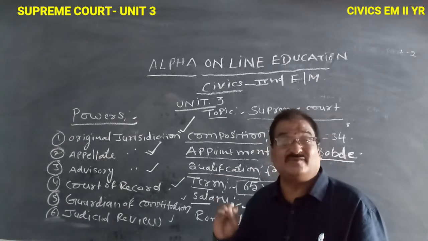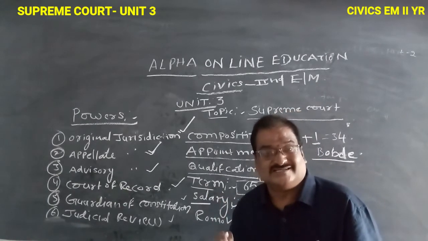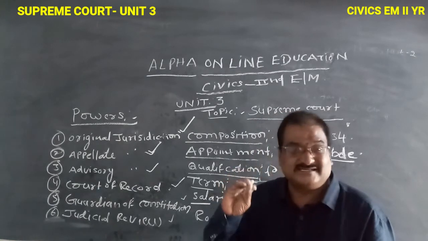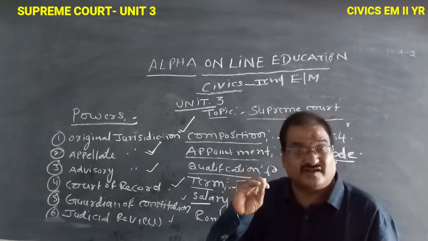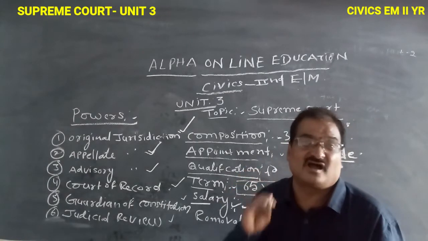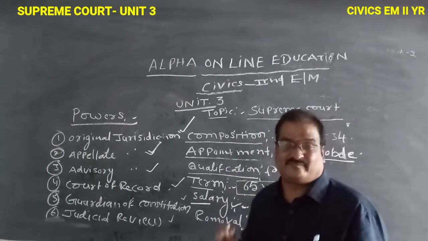So what is the meaning here? A rule of law. All are equal before the law. The government is also equal in front of the law, and the common people are also equal in front of the law. The rule of law means all are equal before the law.